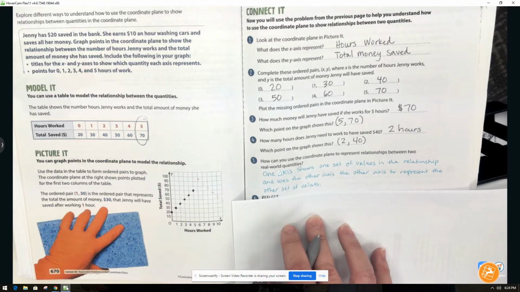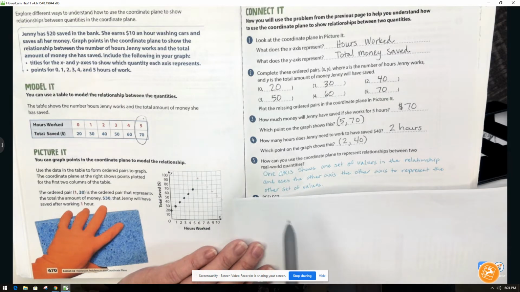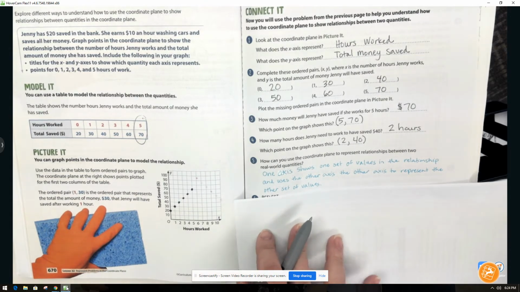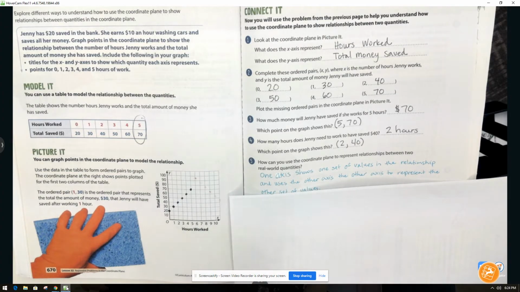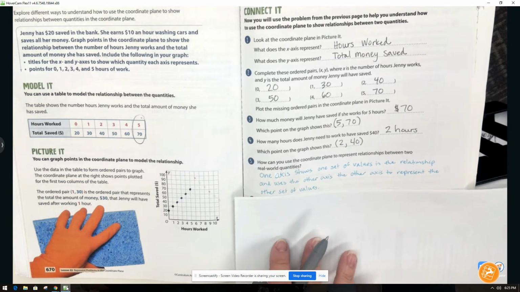So whatever two values you want to see the relationship between, usually it's something to do with time and money, one axis will be the amount of time that you work, and the other axis in this case is the amount of money you made if you work that many hours. The amount of money you make really depends on how many hours you work. So the independent variable would be the amount of time that you work, and the dependent variable would be how much money you make depending on how many hours you work.